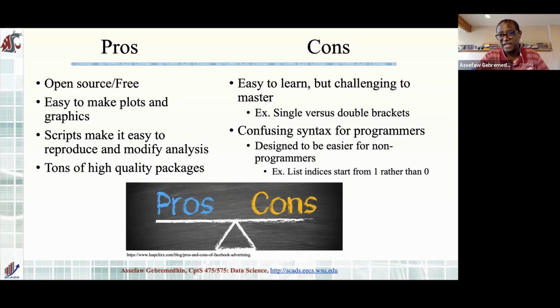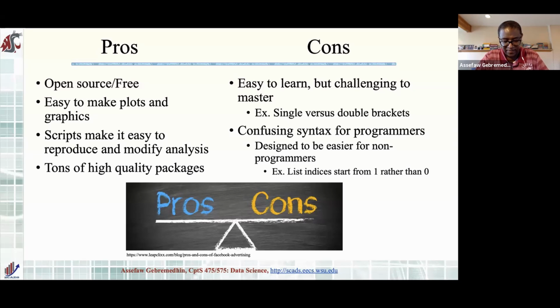But it is a language that's actually challenging to master because it has very many ways of doing the same thing, and sometimes some of them are a lot more efficient than others, and sometimes they could be confusing. It's easy to write bad code and easy to write things that may not work well, including having bugs. So it's easy to learn, but difficult to master.